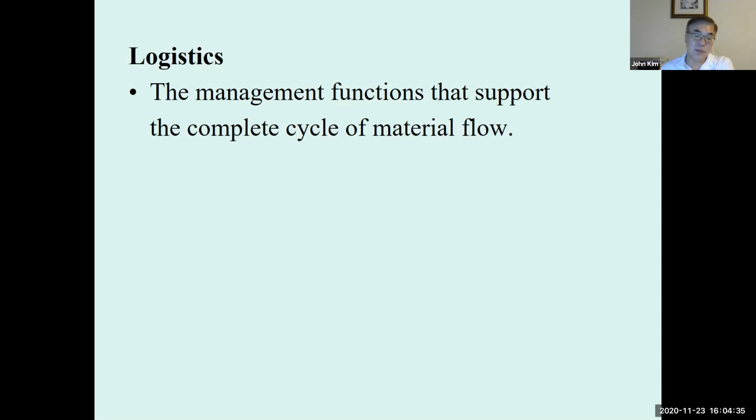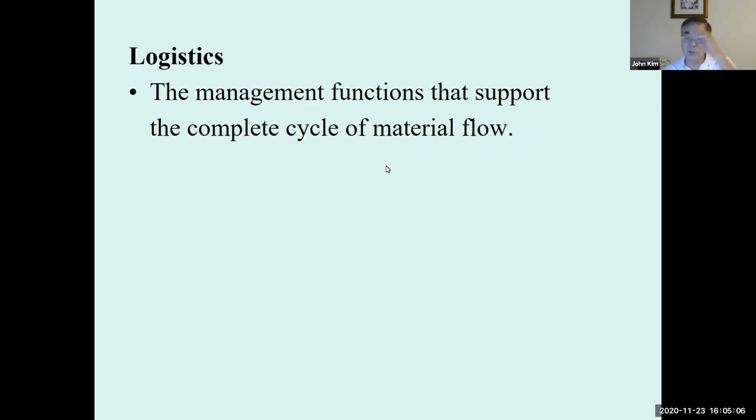Logistics is similar to supply chain management. In a supply chain, materials and information flow through that supply chain. Logistics is similar: the management functions that support the complete cycle of material flow.